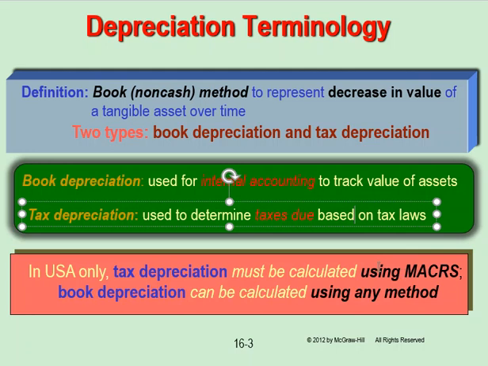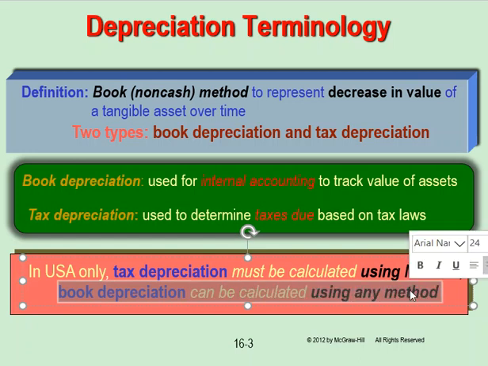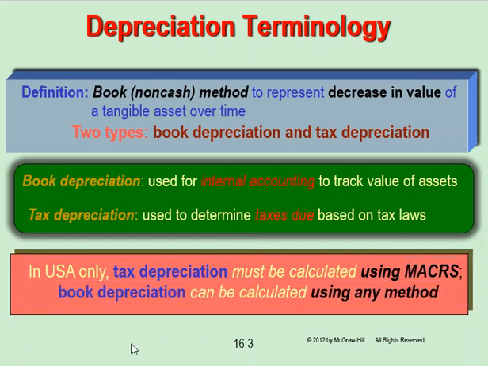In the USA, for instance, we use something we call MACRS. Okay, in Canada they use something else. While for book depreciation, we can do it based on any method. It's up to us. For example, let's say I want to buy a car, and today it is $20,000.